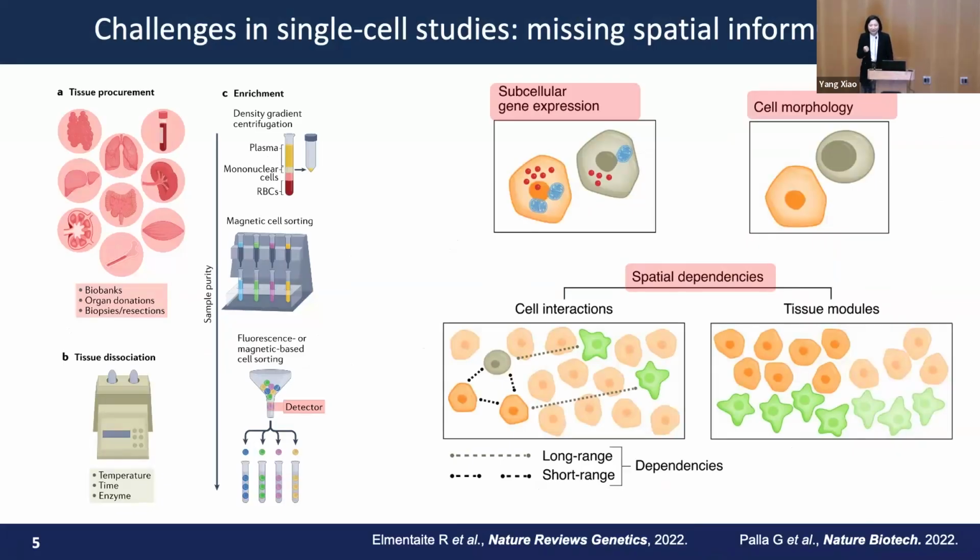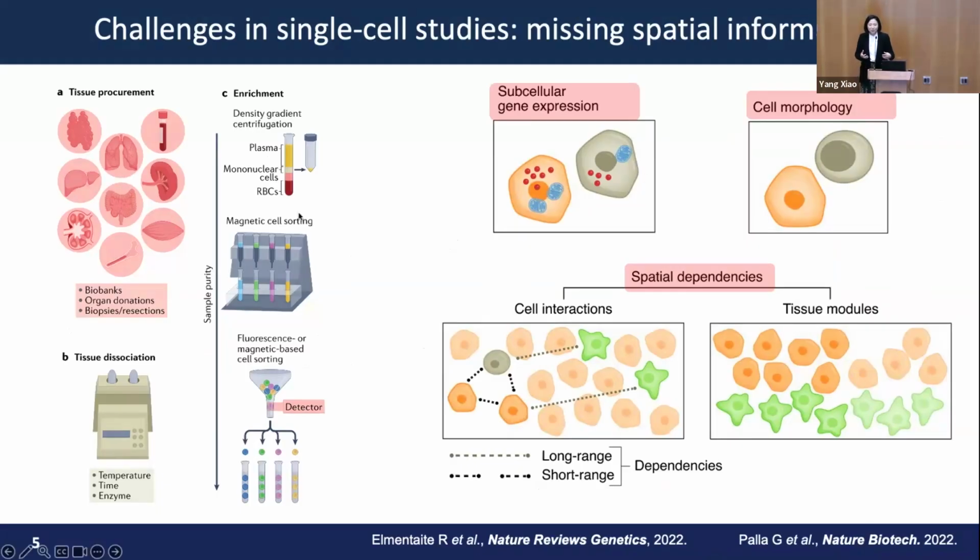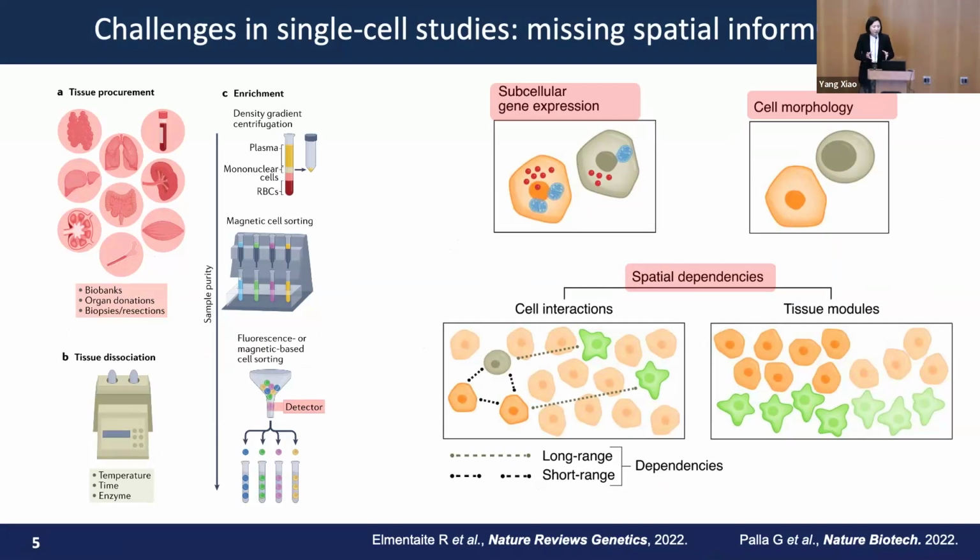But I'd like to critique that the challenge in single-cell studies is that there is no spatial information. If you recall, the very first step of a single-cell study is that you need to dissociate the tissue. During that mechanical or enzymatic dissociation, you lose a lot of the subcellular transcriptomic profile.